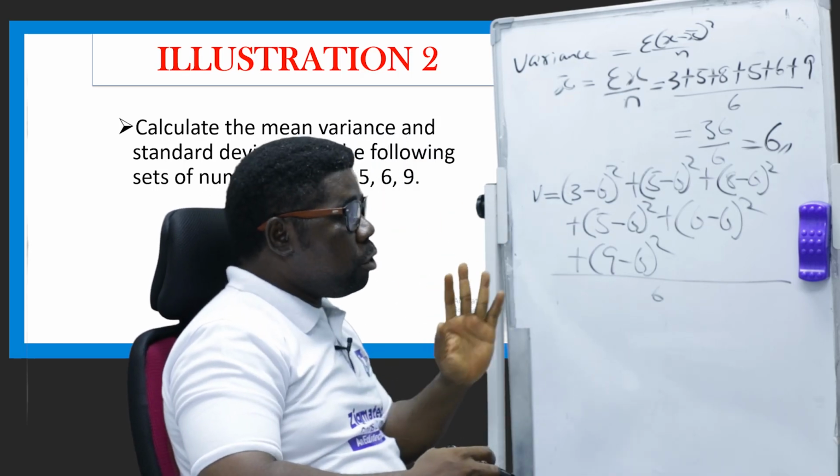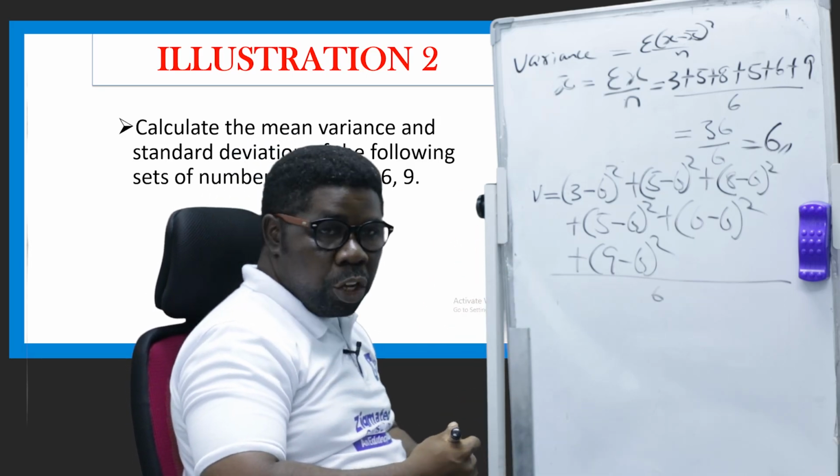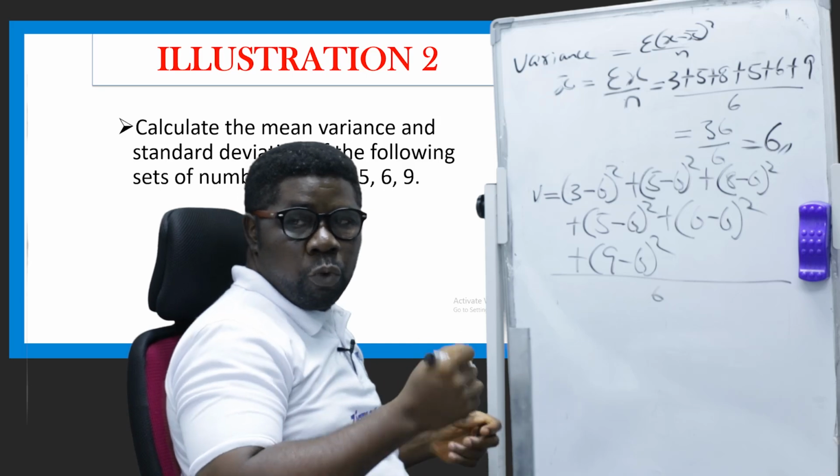This is for ungrouped data, so it's easy to go this way. Now, 3 minus 6 is minus 3, squared.